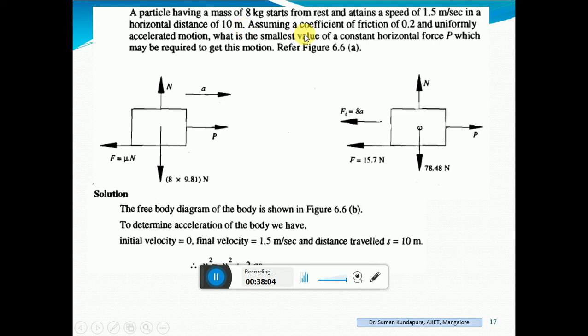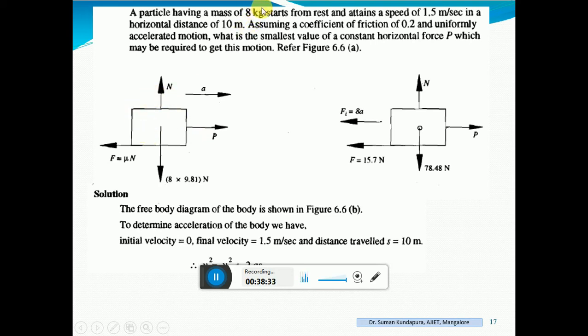Assuming coefficient of friction 0.2 and uniformly accelerated motion, what is the smallest value of a constant horizontal force P which may be required to get this motion? Okay, so this is the given figure. They have given you P is a force acting on this particle of mass 8 kg.